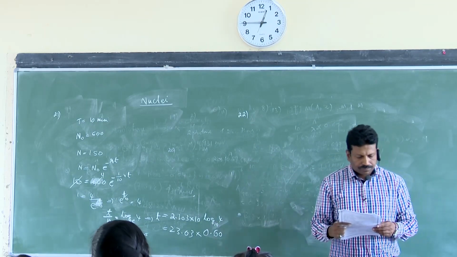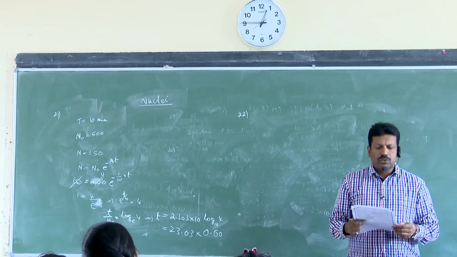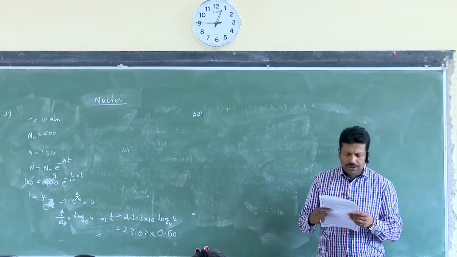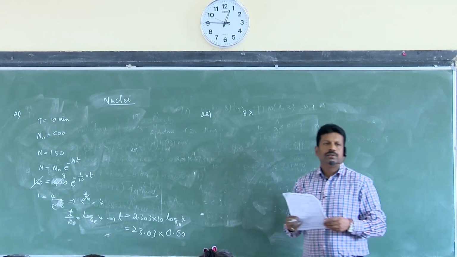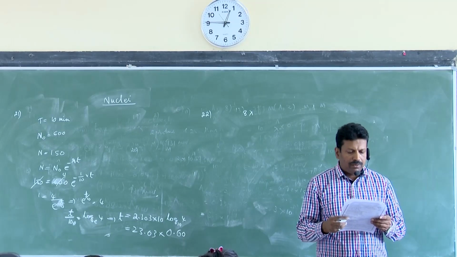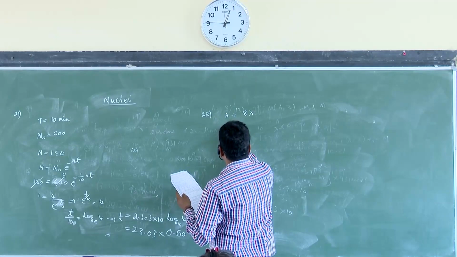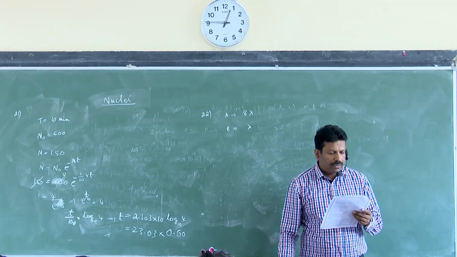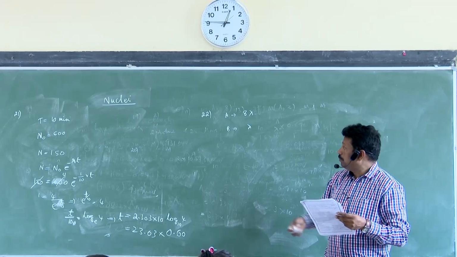22nd question. Radioactive material A has decay constant 8 lambda, and material B has decay constant lambda. Correct?